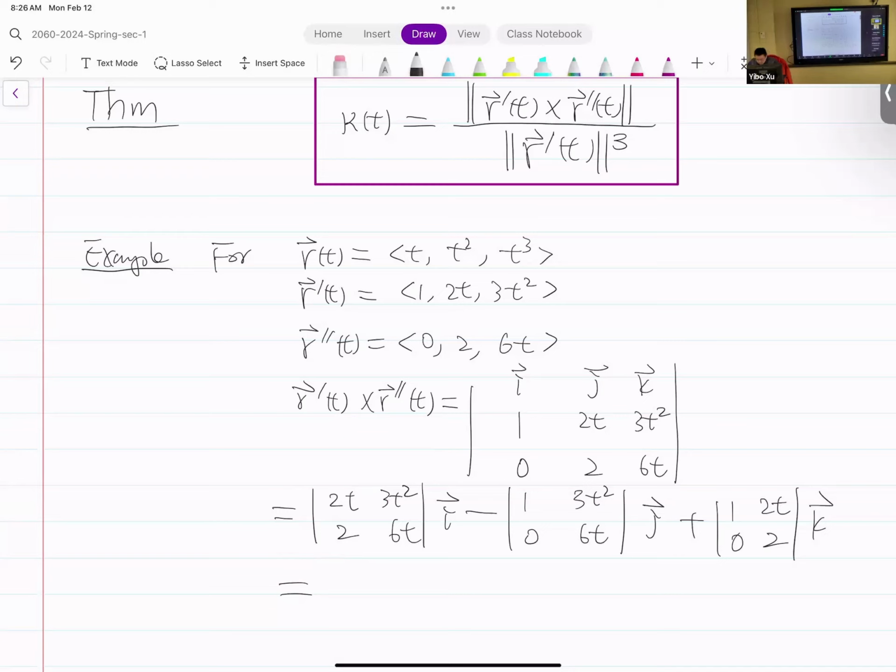So 2t times 6t, that's 12t squared, minus the off diagonal multiply is 6t squared. So that's 6t squared i. And then for j, we have a negative sign, but the diagonal is 6t, the off diagonal is 0, right? So minus 6t j. And then plus, now we have what? We have 2.